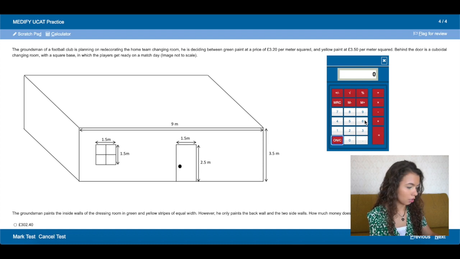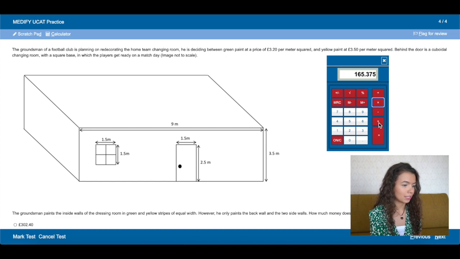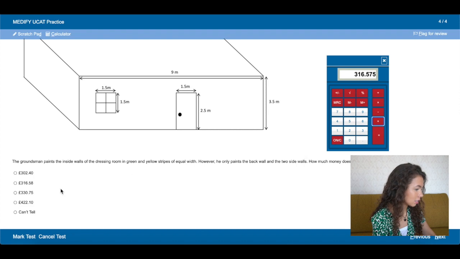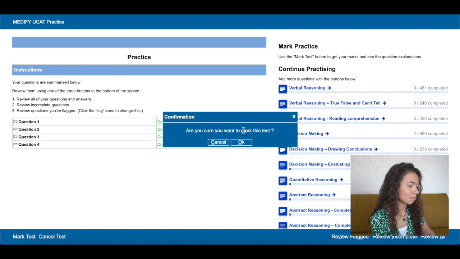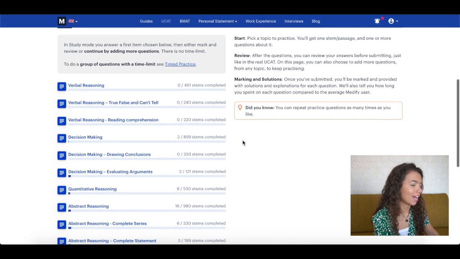Same thing for yellow: 47.25 multiplied by 3.5, which gives us 165.375. Add the 2 values together. So the green paint was 151.2, and you get 316.58, which is this answer here. Hopefully that's correct. Let's go ahead and mark it. Fingers crossed. And luckily we've got that all correct, so I'm going to go on to the next question.